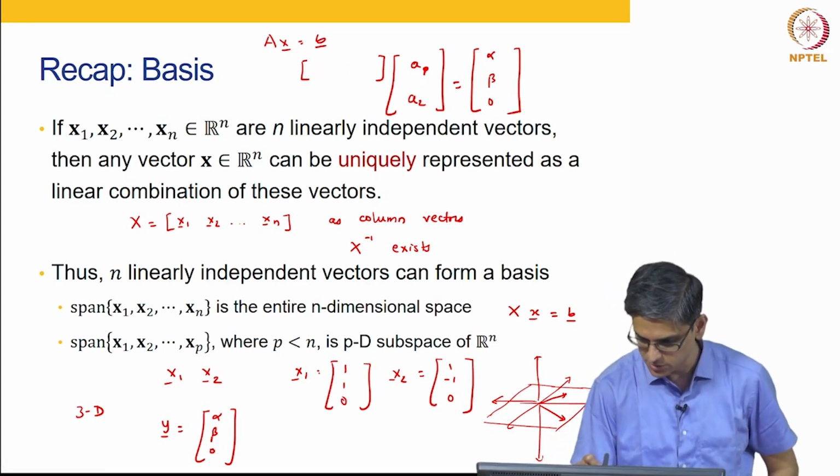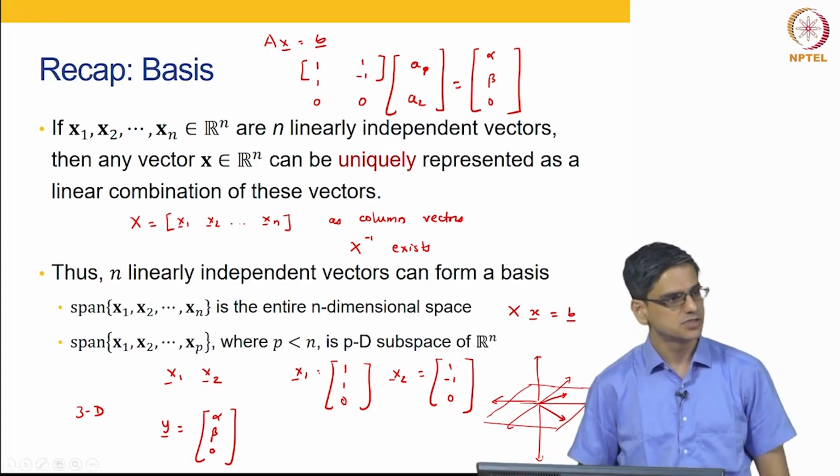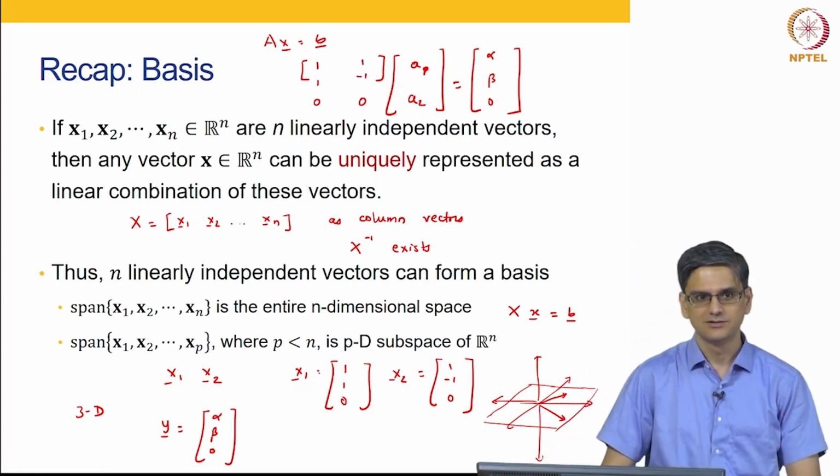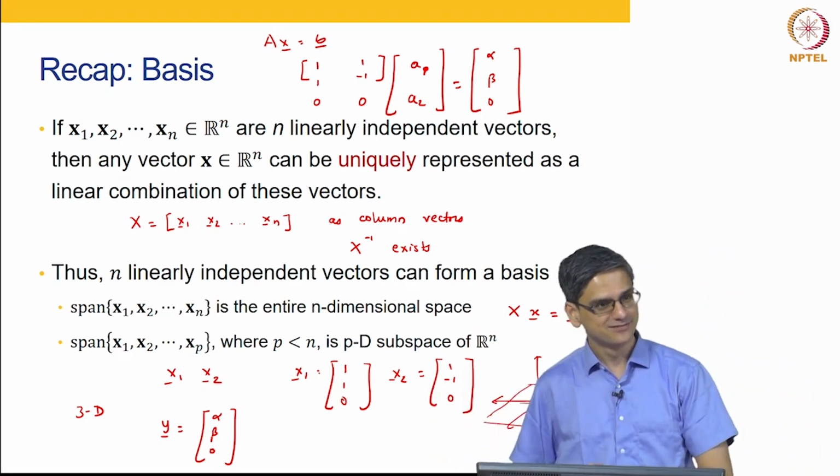So, it is 1, 1, 0, 1, minus 1, 0, alpha, beta, 0. Question is, is this possible? It is possible. Why? Because now we know it lies in the span.